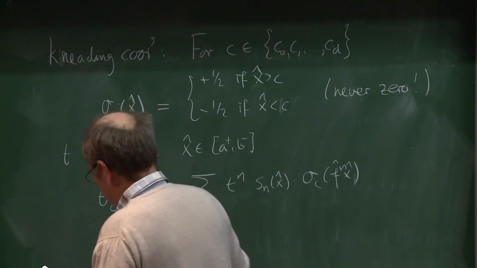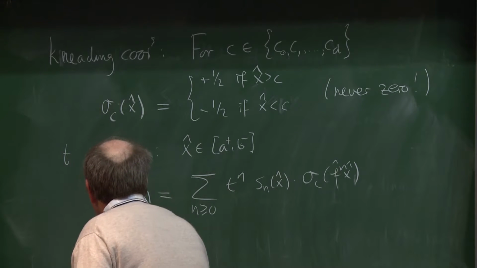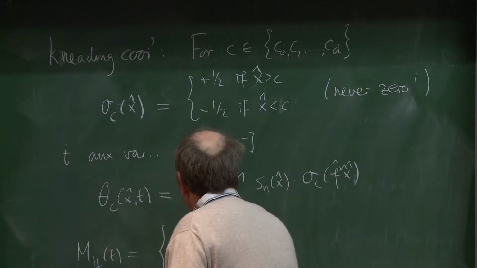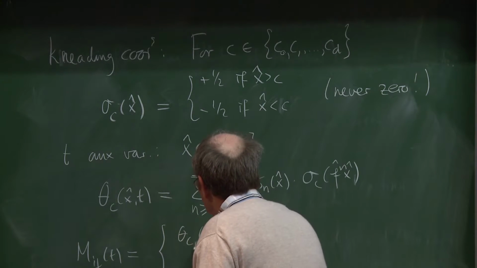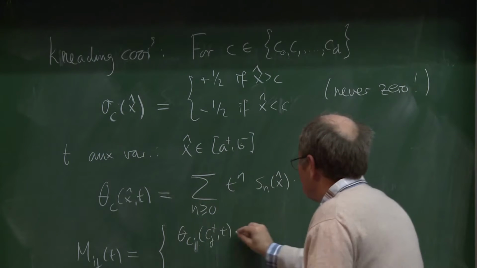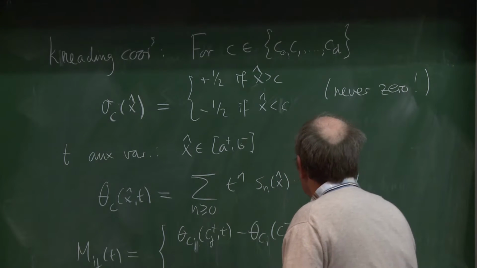And then they write a matrix, Mij of t, which is going to be the following. I'll write it down. Cj plus t minus theta Ci Cj minus t.